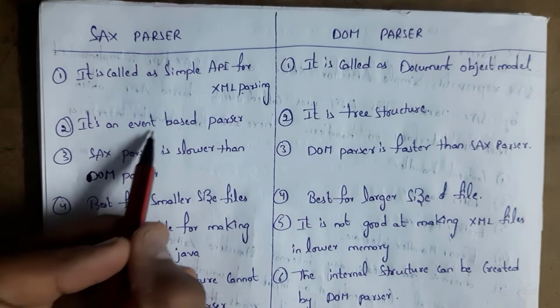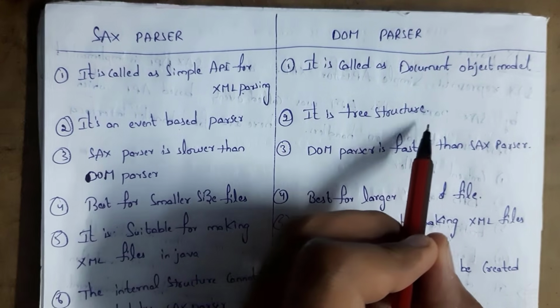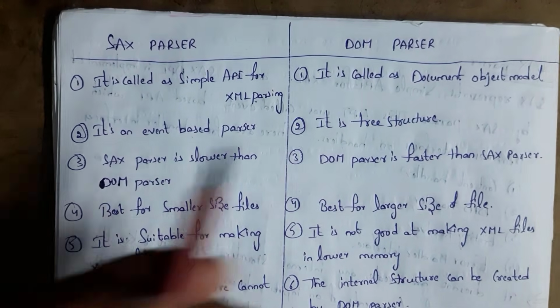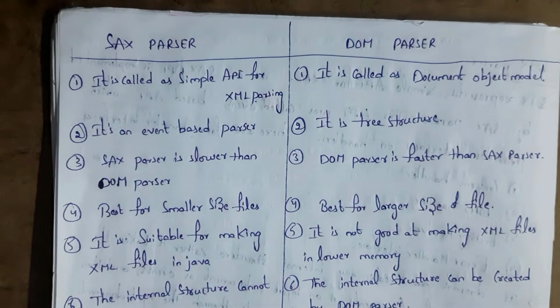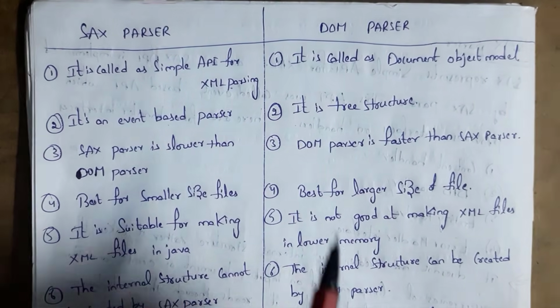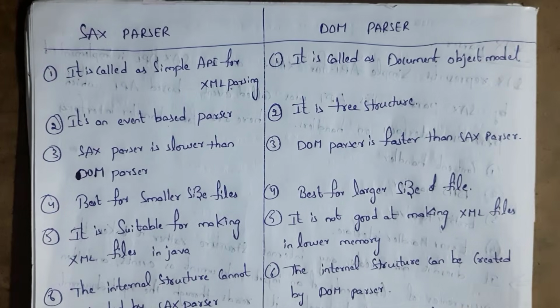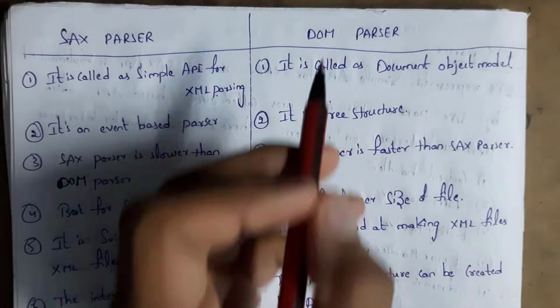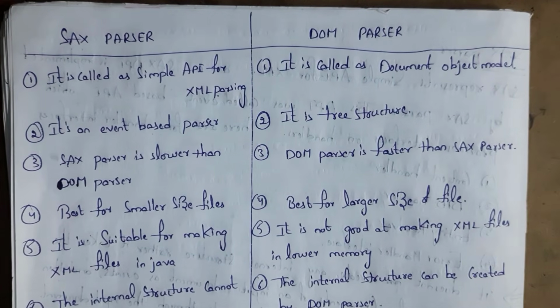SAX is an event based parser, whereas DOM is tree structured. SAX parser is slower and DOM parser is faster. SAX parser is suitable only for small size files, whereas DOM parser is suitable for large size files. SAX parser is suitable for making XML files, but DOM parser is not suitable for making XML files.